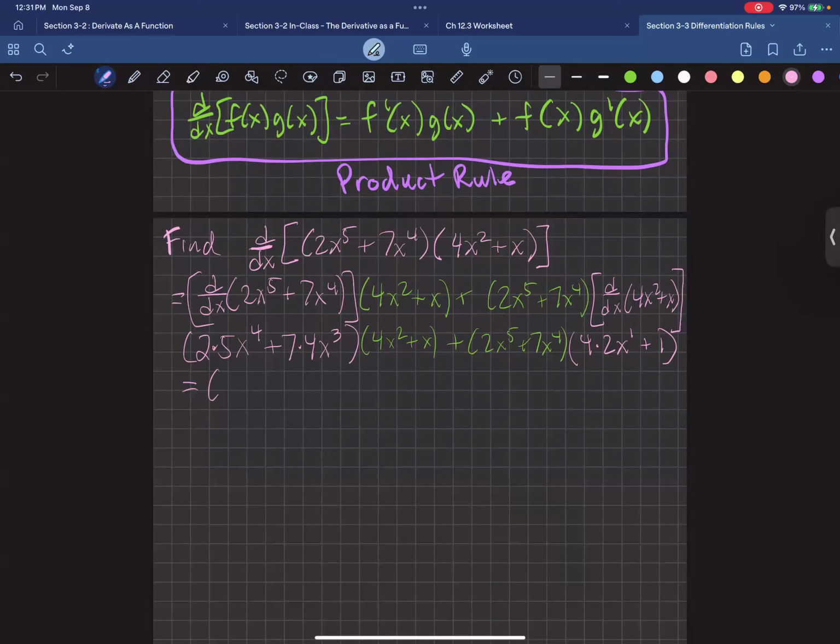So this ends up being 10x to the 4th plus 28x cubed times 4x squared plus x plus 2x to the 5th plus 7x to the 4th times 8x plus 1.